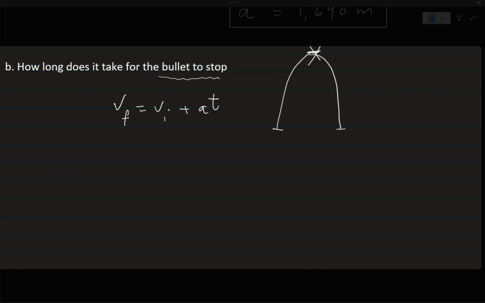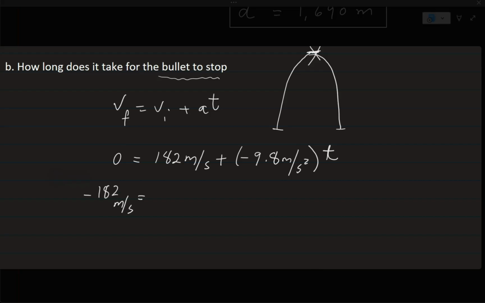So V final is 0. That's equal to V initial, 182 meters per second, plus negative 9.8 meters per second squared, multiplied by T. And then we do the math: negative 182 meters per second, we're just isolating, equals negative 9.8 meters per second squared times T, and divide both sides by negative 9.8 meters per second squared.